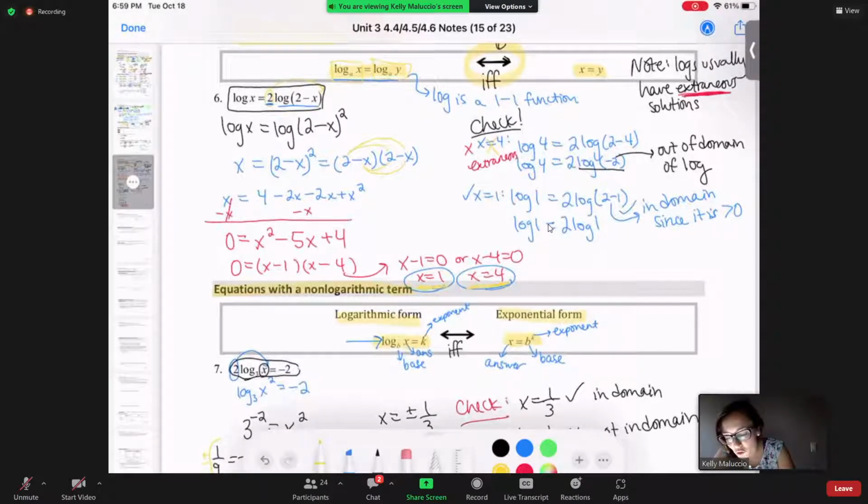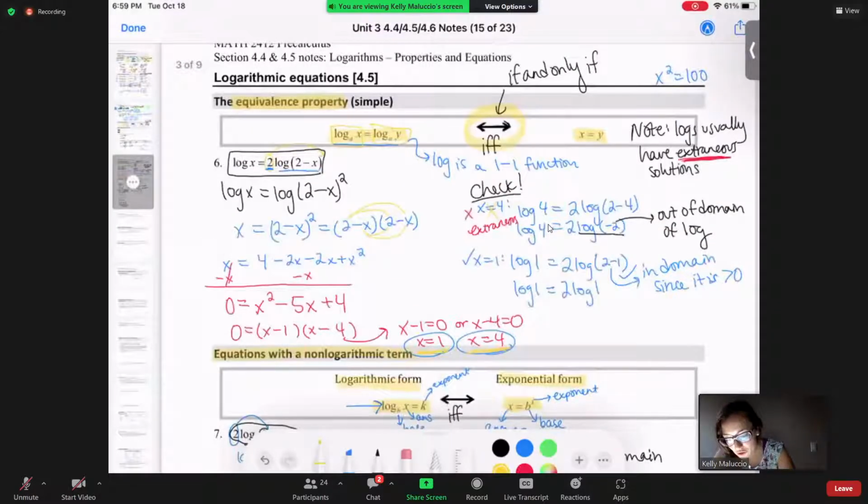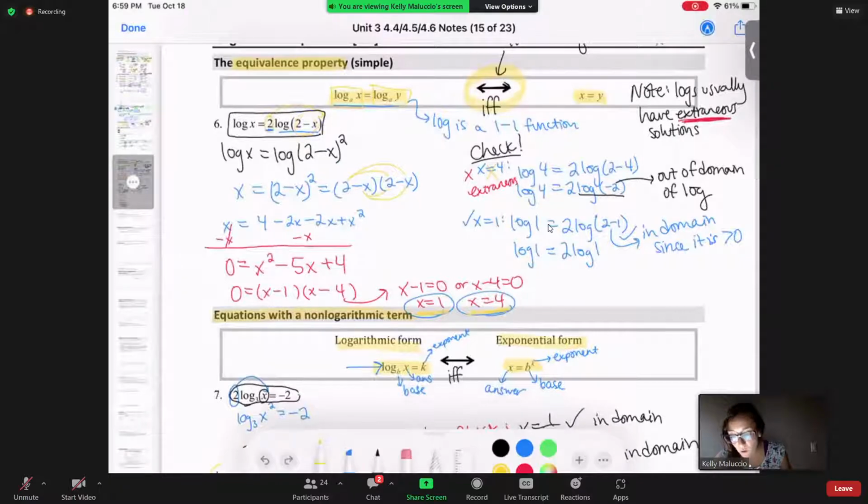But oh, sorry, it was 2 minus x, right? And so if I subtract 4, 2 minus 4 gets me a negative number. I did a lot of extra work checking this over here. You don't need to do all that. You really would just need to look at this and say, is 2 minus 1 in the domain? Yes. Is 2 minus 4 in the domain? No. And that's how you would figure that out.